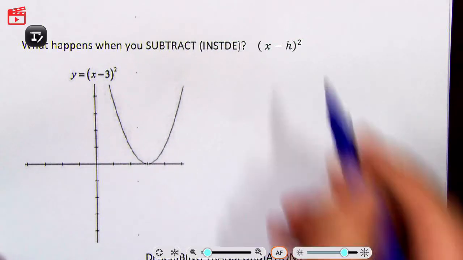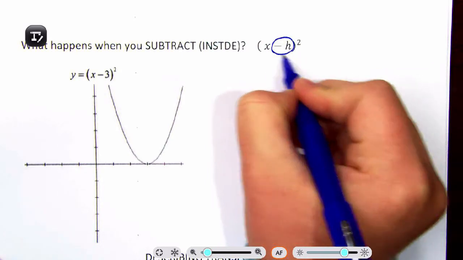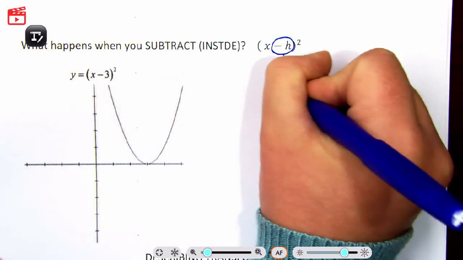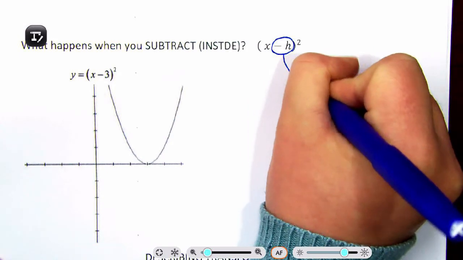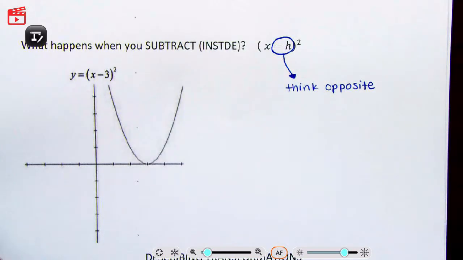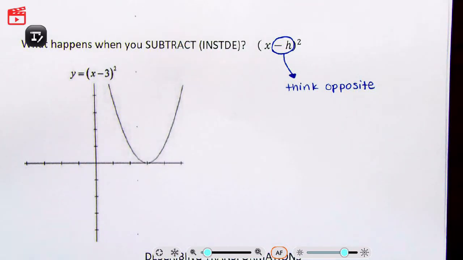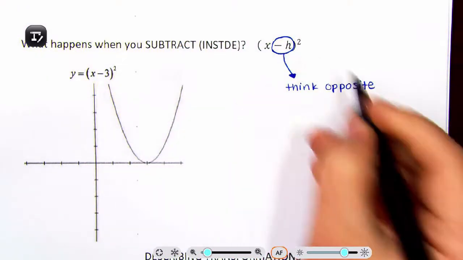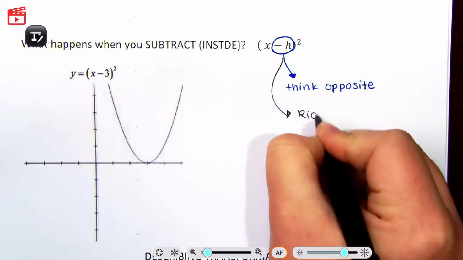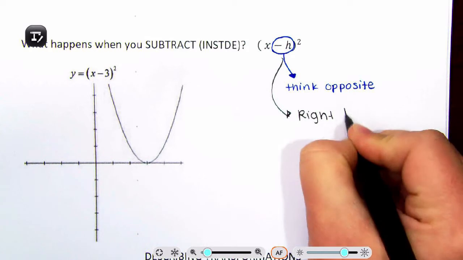When we have a minus, we're going to do the opposite of what we see. So think opposite. If I see a minus, I am going towards the positives now. So I am going to the right, h amount.